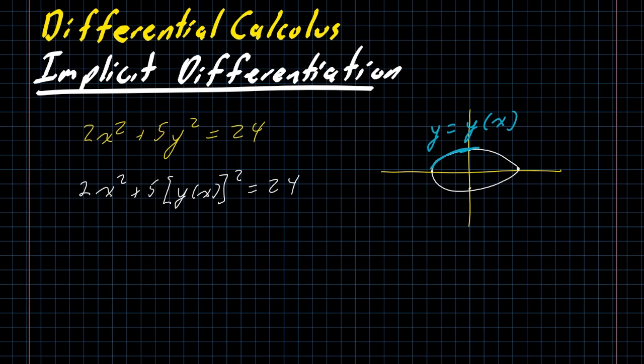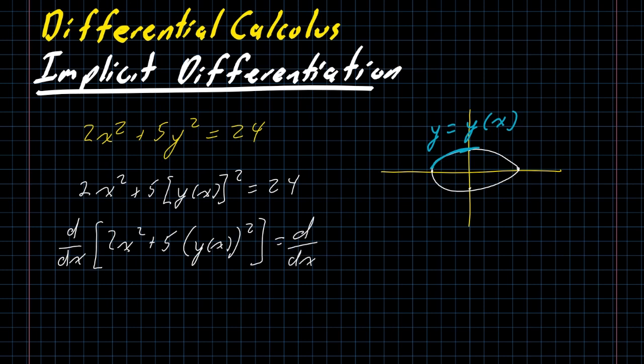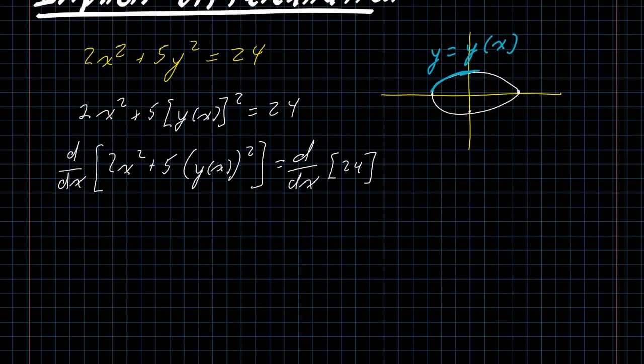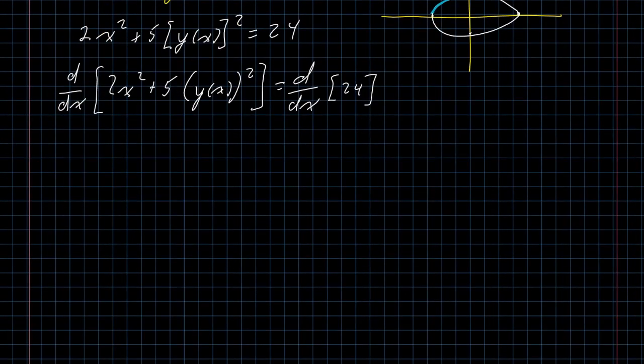Then I can differentiate both sides of the equation. The derivative with respect to x of 2x squared plus 5 times y of x squared is equal to the derivative with respect to x of 24. On the left-hand side, I can split that derivative up using linearity.